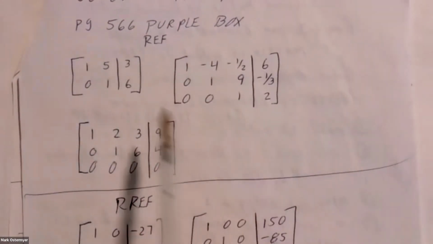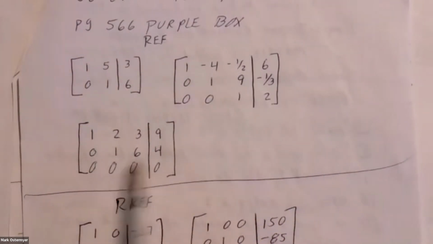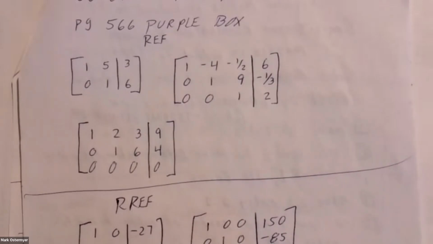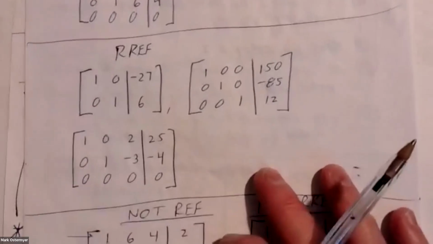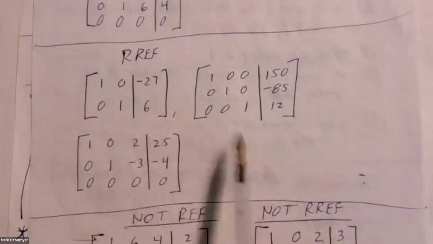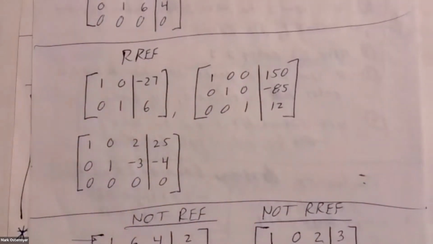Here are some more examples of matrices that are in row echelon form. All of these matrices are in row echelon form. All of these matrices are in reduced row echelon form. Can you go back up to the top one for a second?